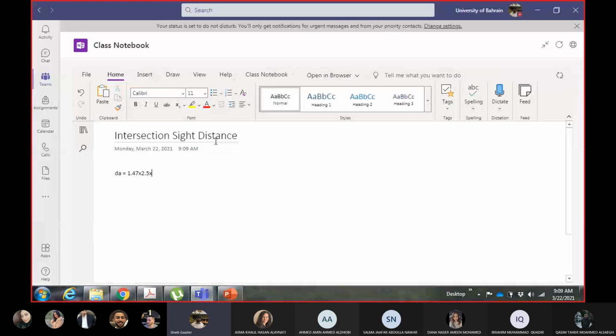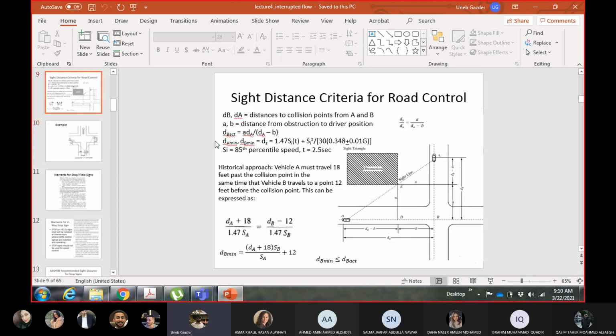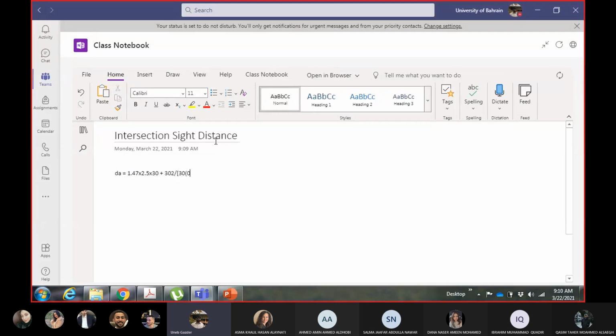How much speed is given? 30 miles per hour, plus 30 squared by 30 into 0.348 minus g, and g is 0, so I'll just put it 0.